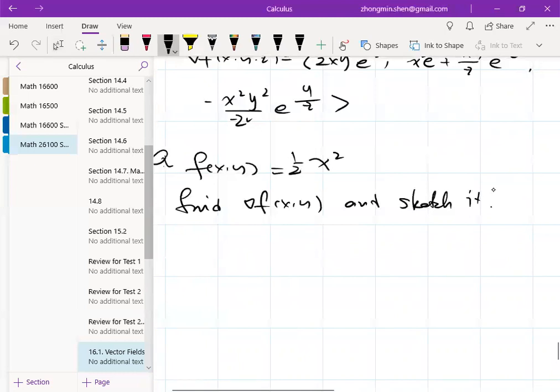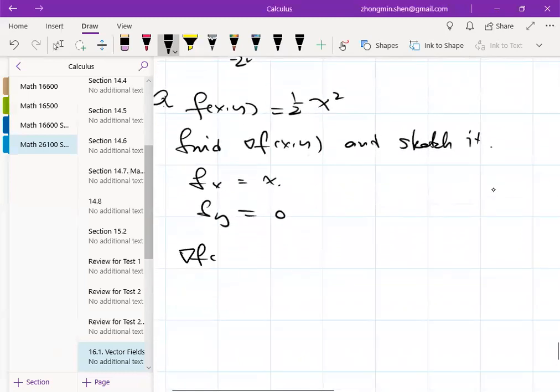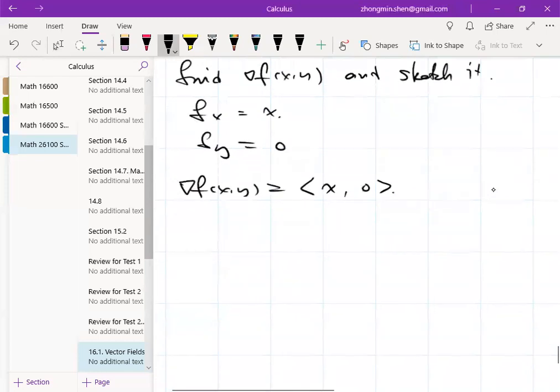Right, so the gradient, the partial derivative, the first one will be just x. This is going to be 0. So the gradient is going to be x and 0. Okay, let's draw the graph.